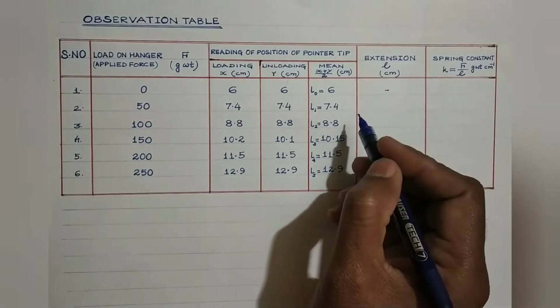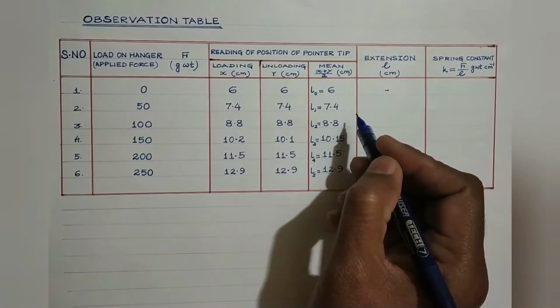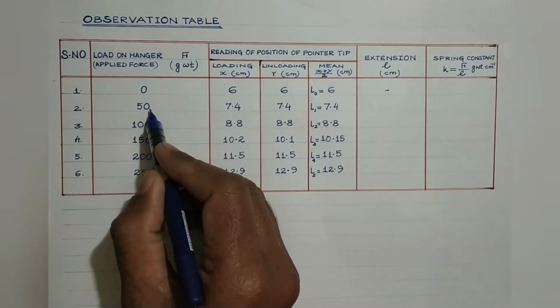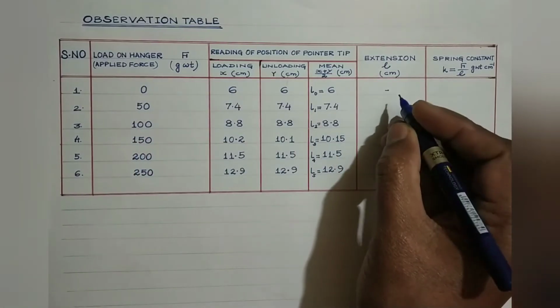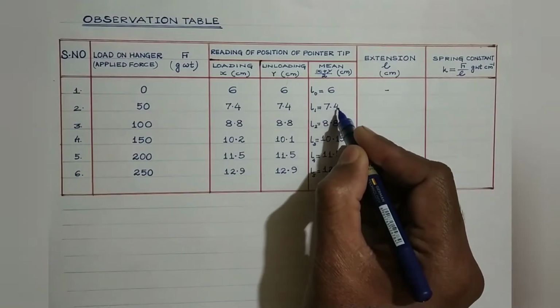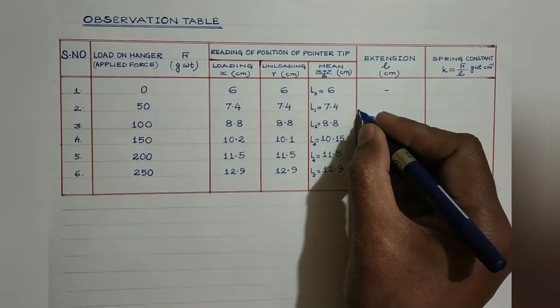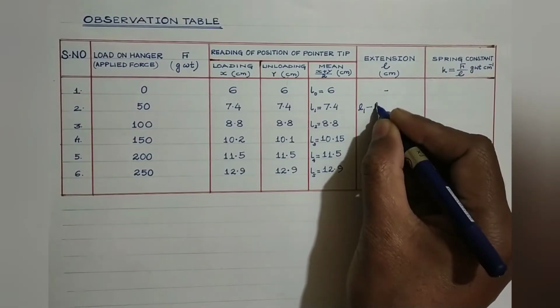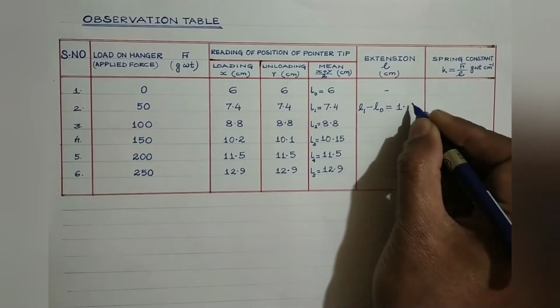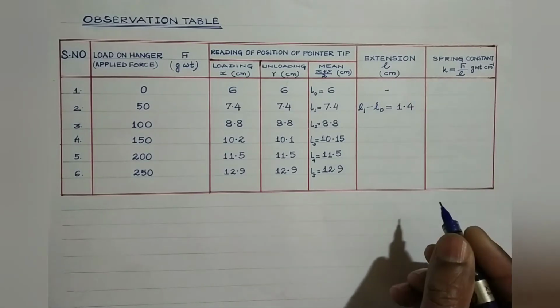Now let us find out the extension in this spring when a load of 50 gram weight is attached, right? So what will be the extension? Initial reading was 6. Now the new reading is 7.4. So the extension would be L1 minus L0, which is equal to 1.4, obviously in centimeter.